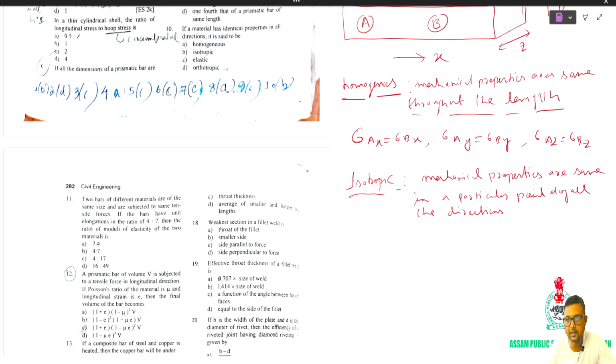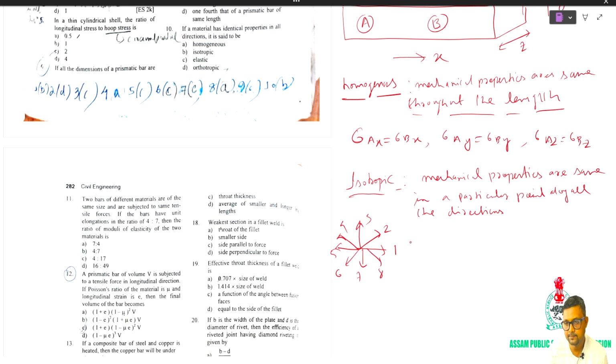So if I take the point A, suppose I take any direction, 1, 2, 3, 4, 5, 6, 7, 8.